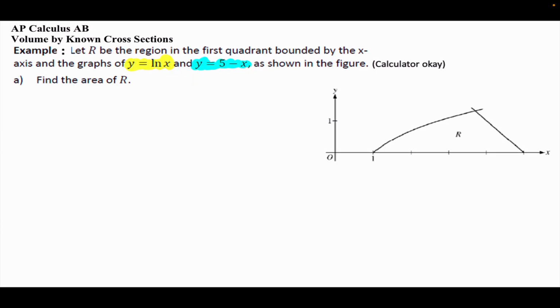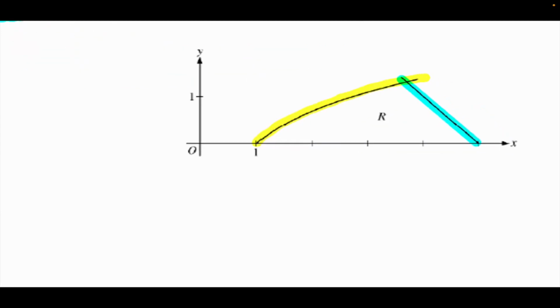So the yellow is going to be the curve, and the blue is the straight line. So this is y equals natural log of x, y equals 5 minus x.